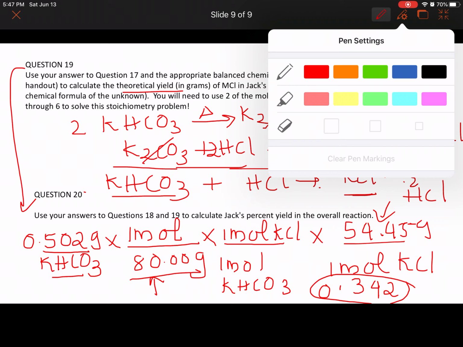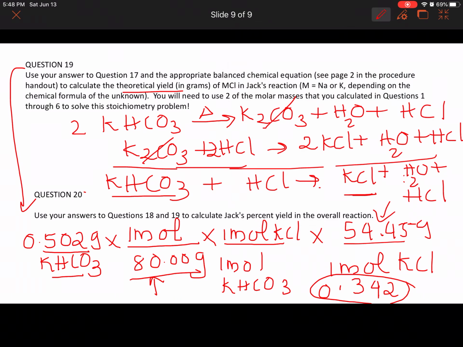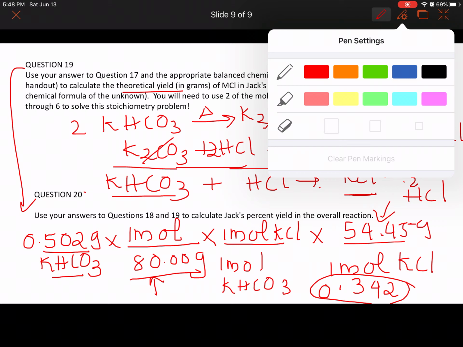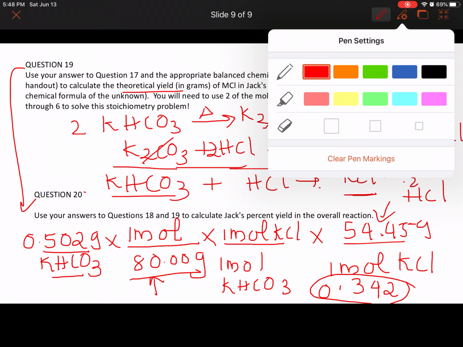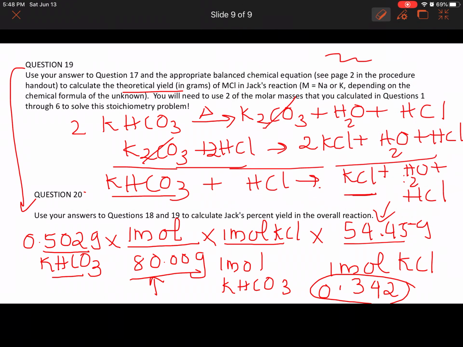Okay, why are you not working now? No fun. Okay, good. All right. So here's what I did wrong. I got the molar mass of potassium hydrogen carbonate wrong. Potassium is 39. I used it as 19.